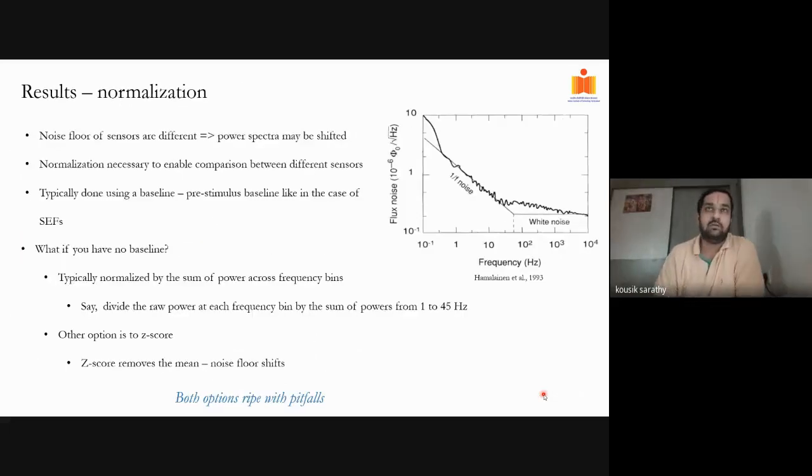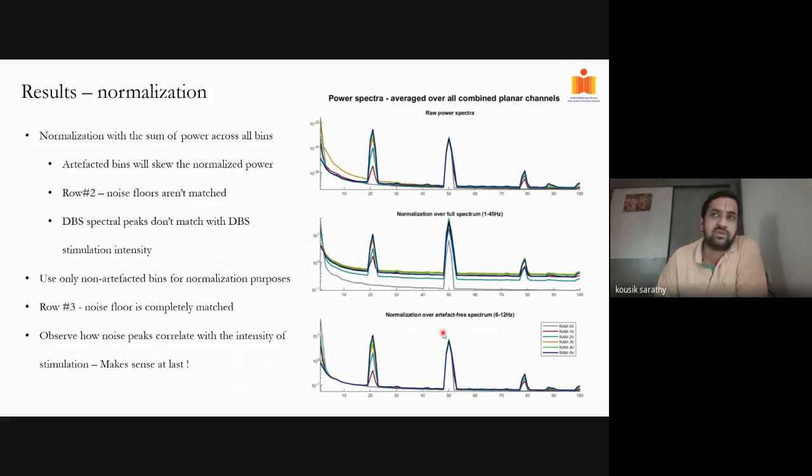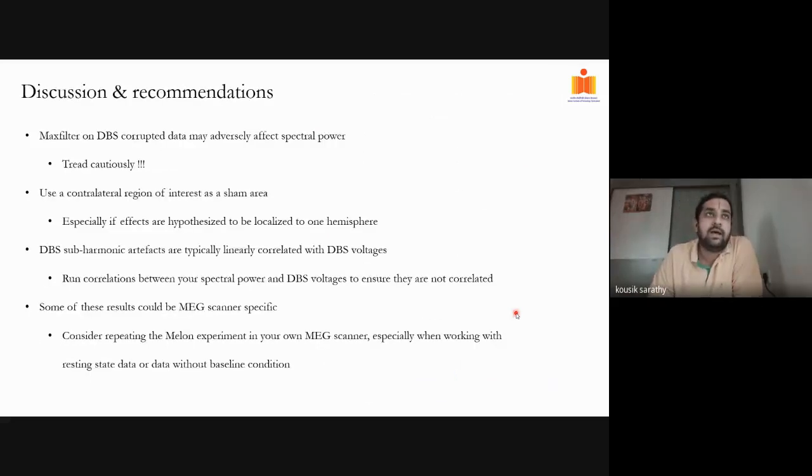Now, I'll skip this normalization part because I think I'm getting close to the last 10 minutes of my talk. We also looked at normalization, and we could show that the normalization that is typically used in most papers doesn't work. It actually does more bad than good. So that's the bottom line of that story, but I'll skip that part.